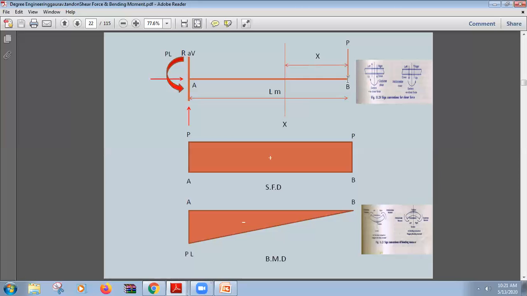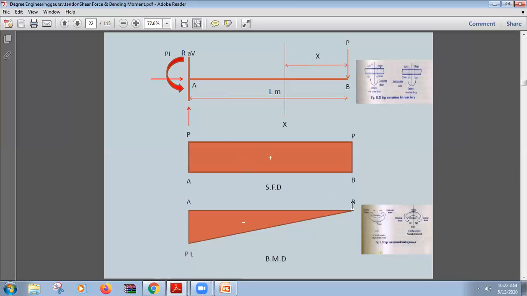At this point the moment will be 0 because P into perpendicular distance 0. Force P is passing through the point B, so there is no perpendicular distance. That's why P into 0, then P into 1, P into 2, P into 3, P into 4, P into 5, up to P into L. So the maximum bending moment is at this point, P into L.